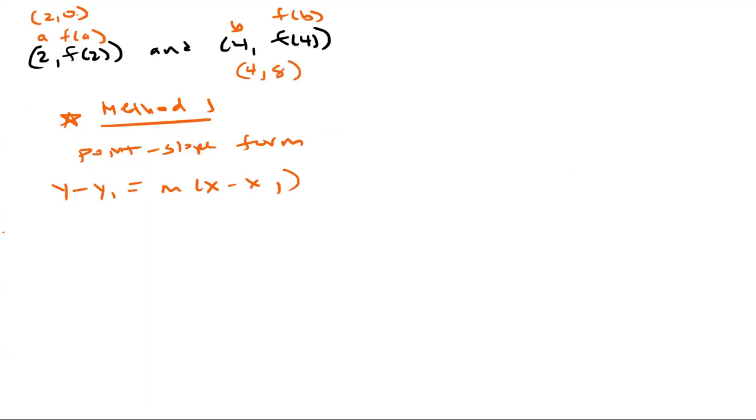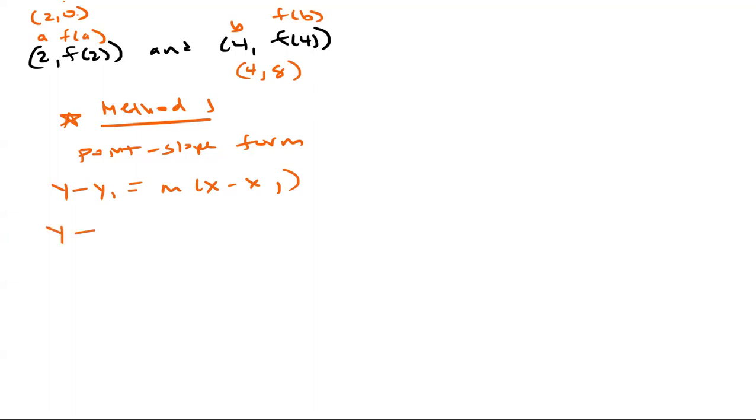That's just a fancy way of saying when x is 4, what is f of 4? 8. So 4, 8, and 2, 0. As I mentioned, you can choose either one. It doesn't matter. So I'm going to do the first one here because it's easier to work with. Plus there's a 0, which is great.